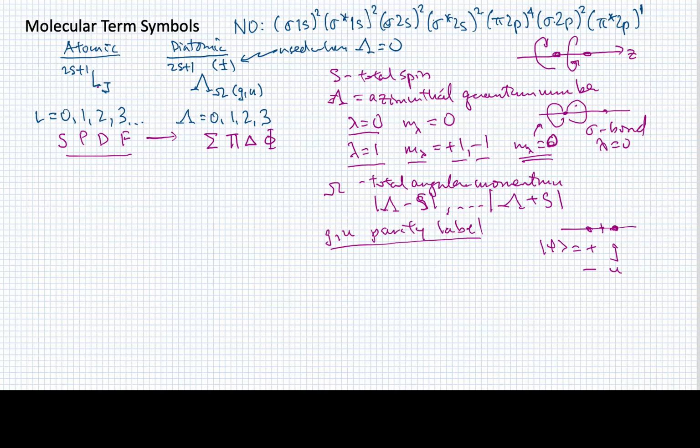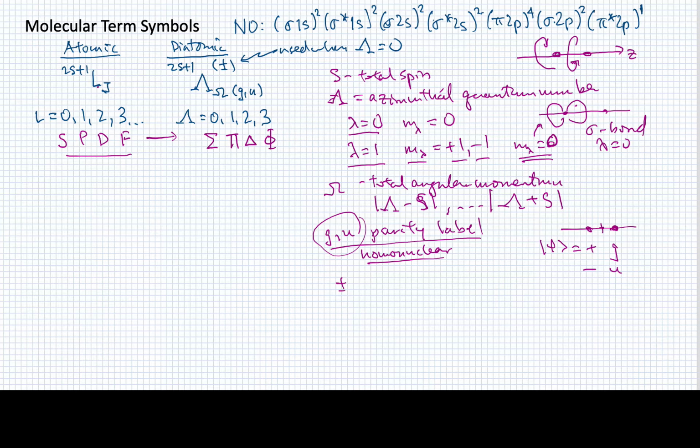But I want to caution you: this will only appear if I have a homonuclear diatomic. We cannot have this symbol for a heteronuclear diatomic because there's no point of inversion.